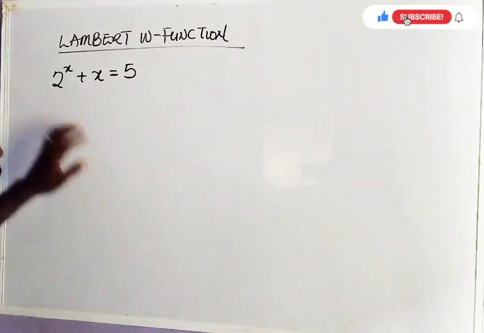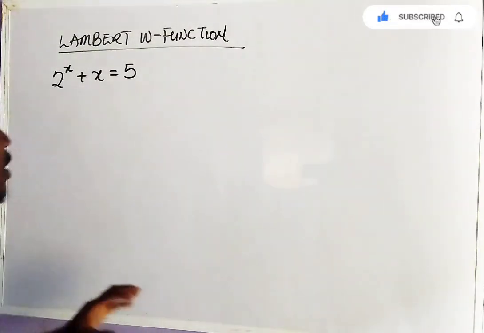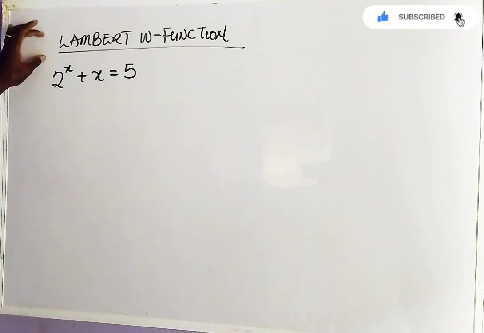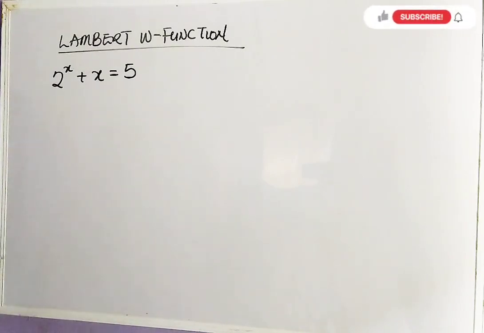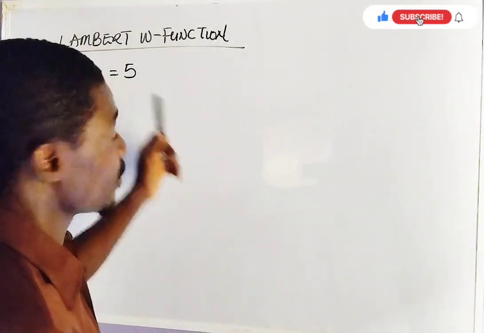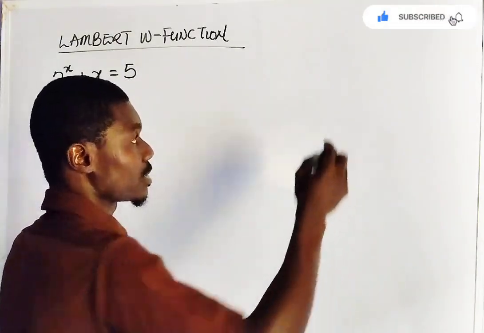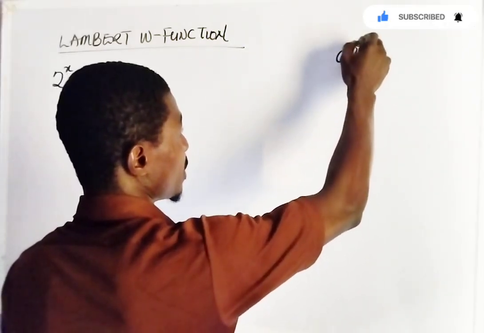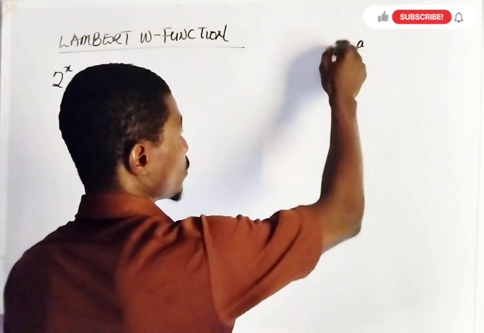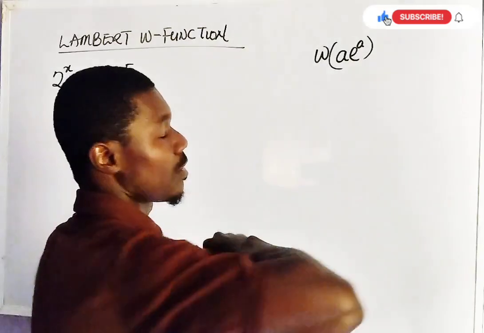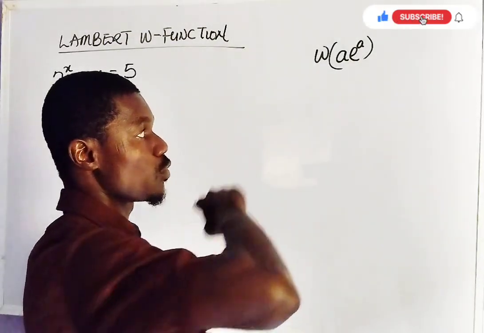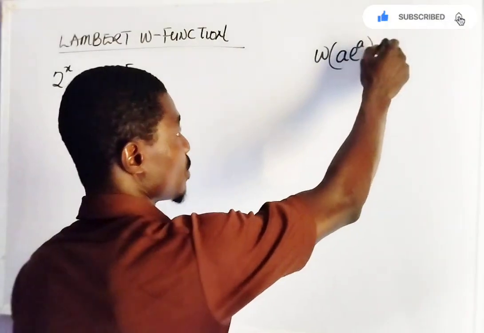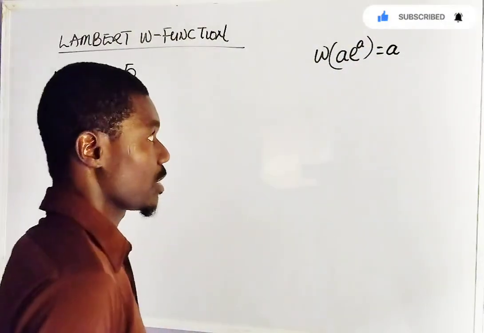Now before us is this exponential equation, and we want to use the Lambert W function to resolve it. But let us recall that according to the Lambert W function principle and rule, for us to apply the Lambert W function, the expression will take this pattern, so that when we apply the Lambert W function, it gives us A. Okay?